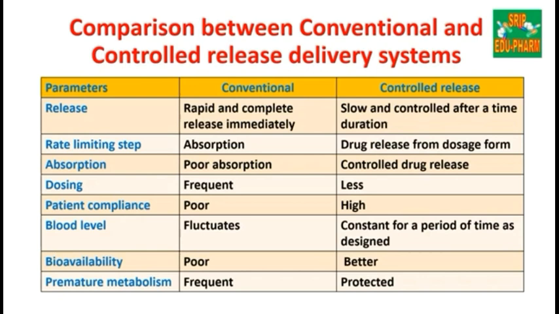So next we see the diffusion and dissolution controlled system. In the diffusion and dissolution controlled system, the drug core is enclosed in a partially soluble membrane, and the dissolution of part of the outer membrane leads to the facilitated diffusion of the drug through the pores in the coating.